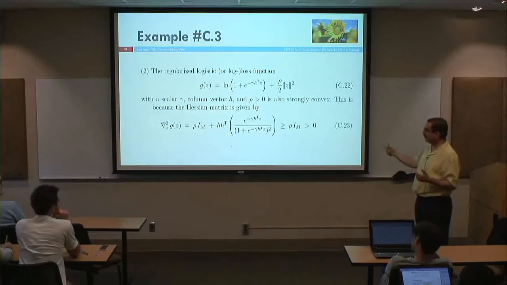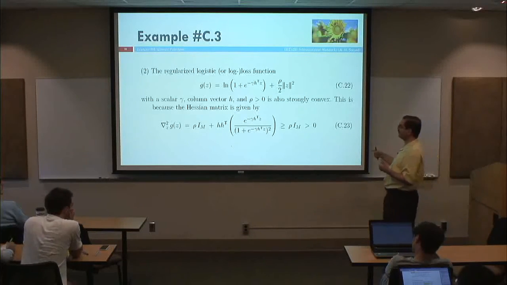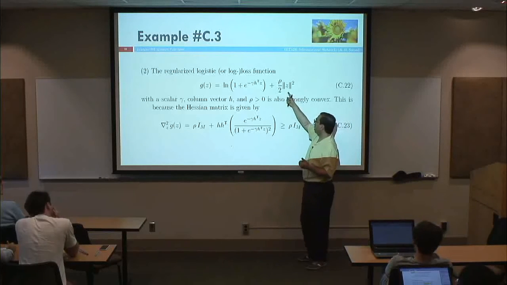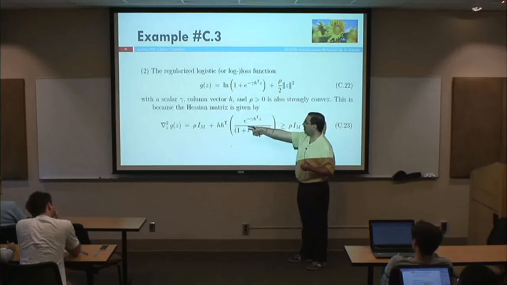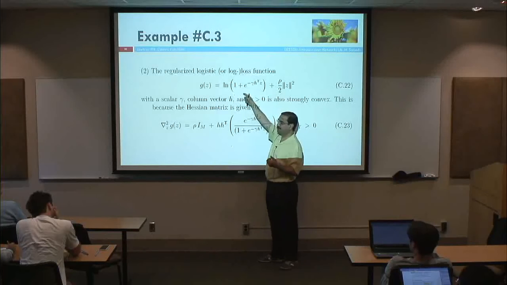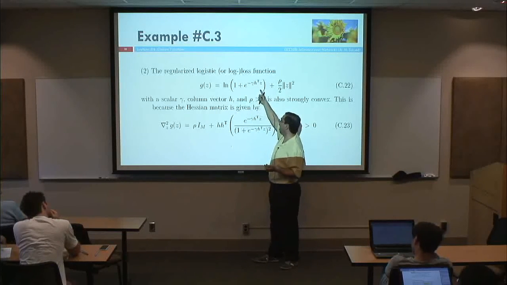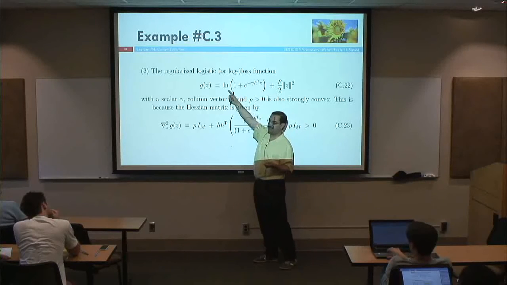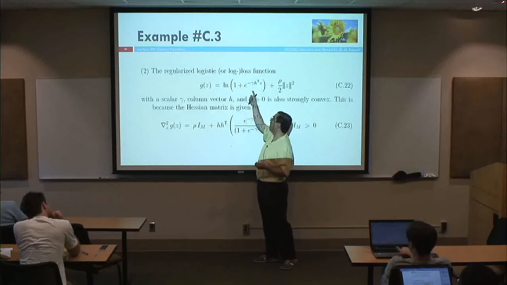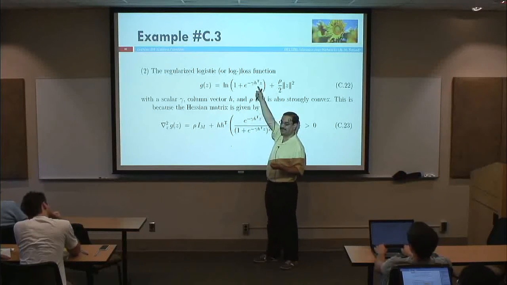One proof is there. If you compute the Hessian relative to z, here you will get rho I. Compute the gradient relative to z. You can compute the gradient of the inside. And then remember, this is a log, so you'll have 1 over this times the gradient of the inside relative to z.